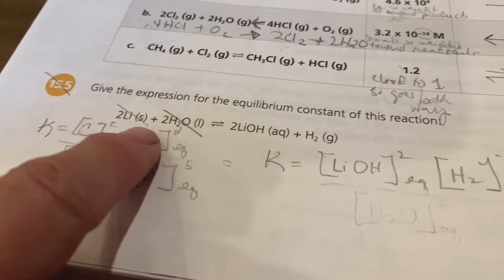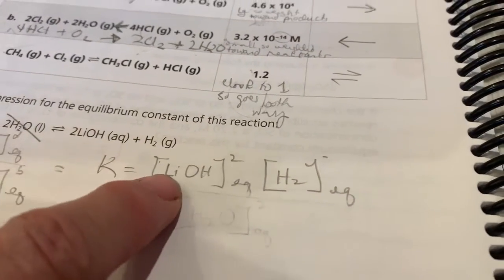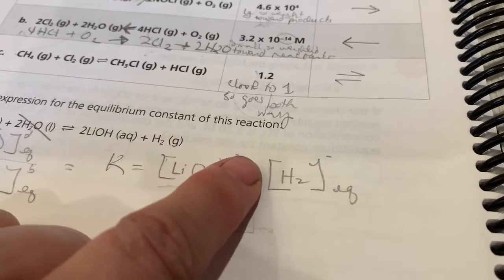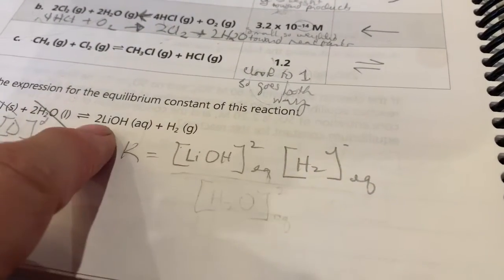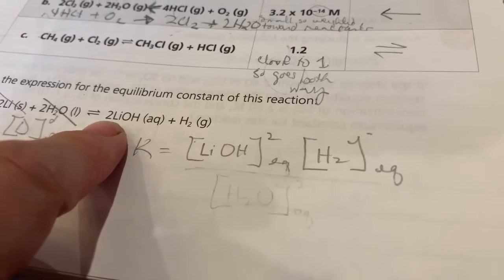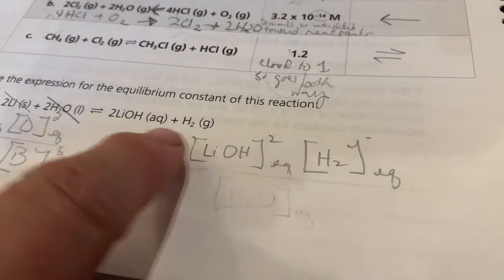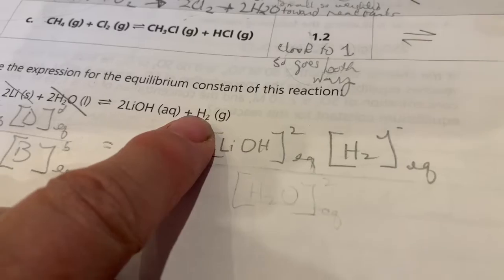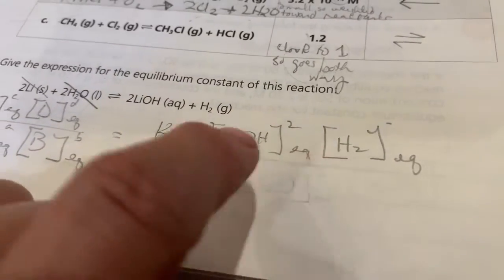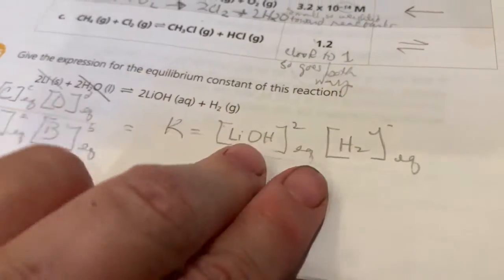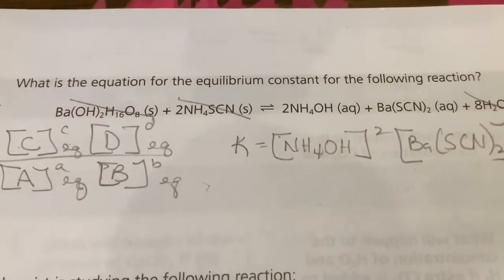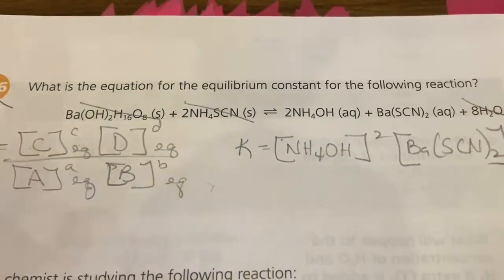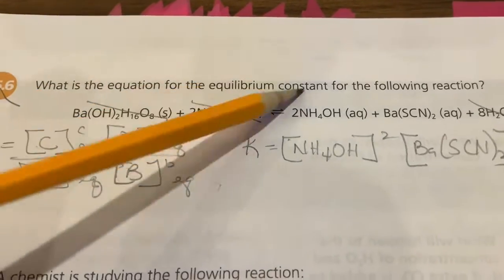So we just fill those in and we get K equals LiOH, and we square that because our exponents are our stoichiometric coefficients. H2 does not have any stoichiometric coefficient, so it's just H2 with its brackets, and the brackets mean we're talking about concentration.